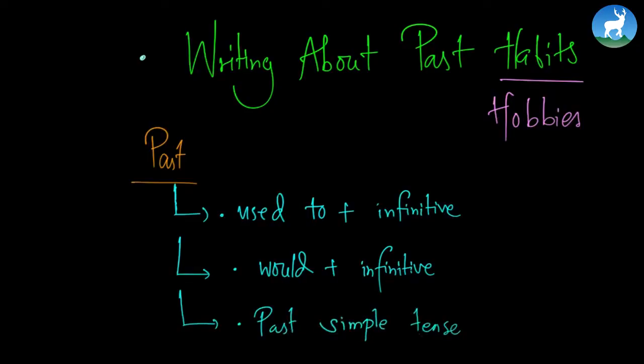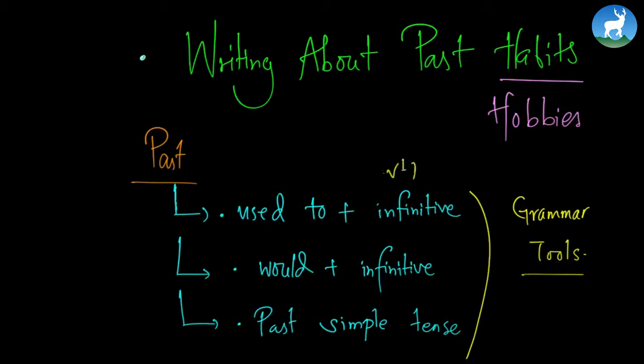So these three grammatical tools are used whenever we are writing about the past. So we'll use used to plus the base verb V1, would plus V1, and past simple tense. Before doing that, let's just jot down the main ideas about childhood.